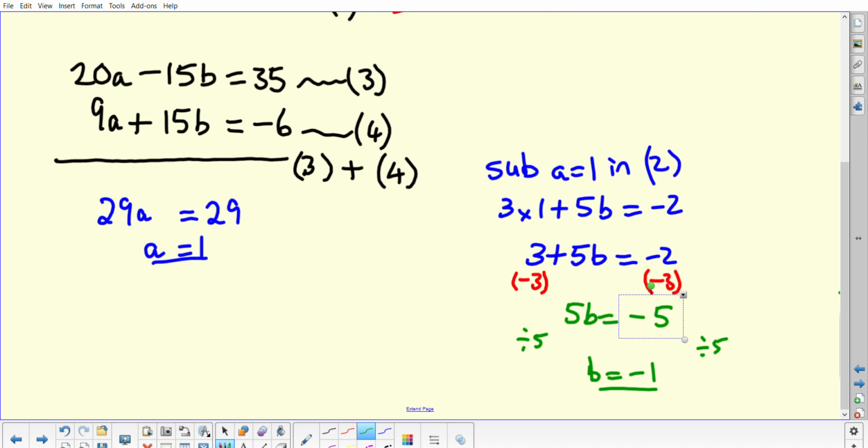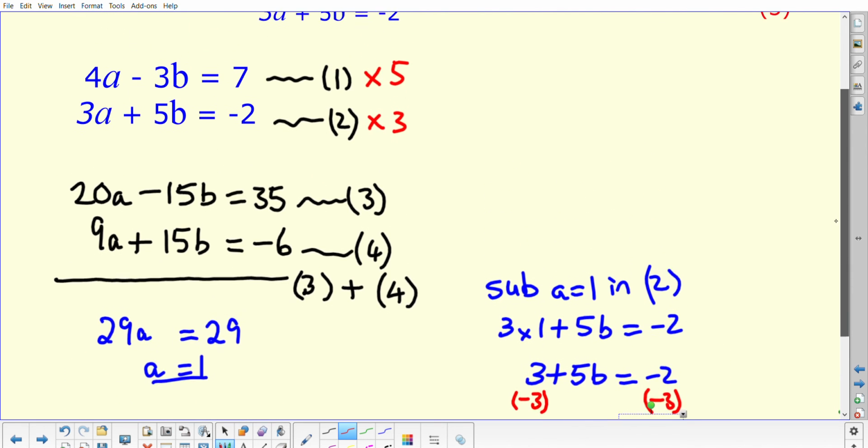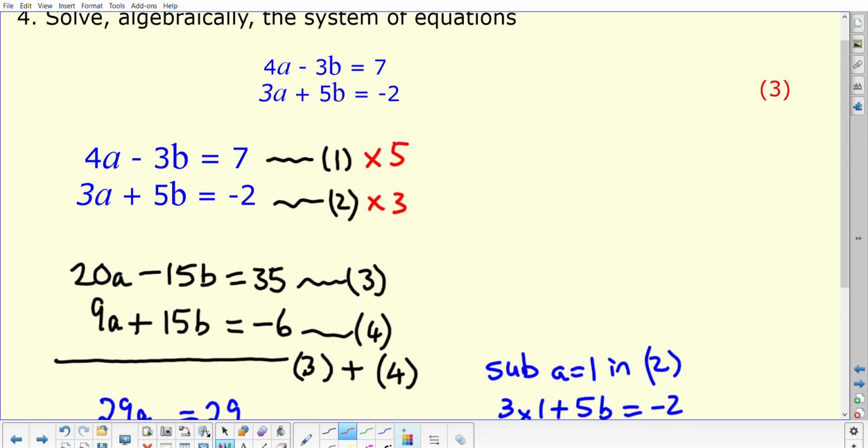So your solution there is your 2 values, put them together, you get a equals positive 1 and b equals minus 1. Now your marks in this question, you get a mark for correctly scaling your equation.